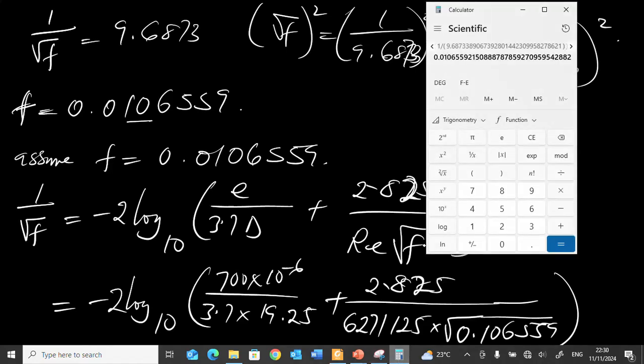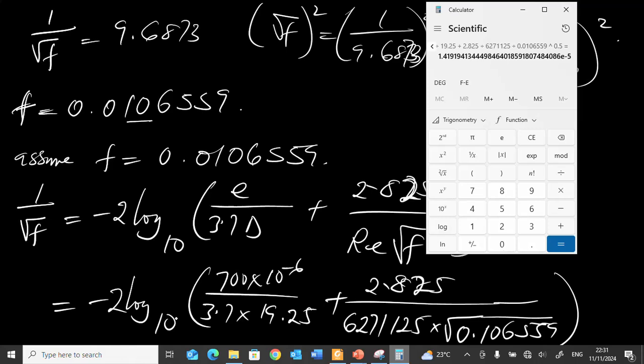We now have 700 exponential minus 6 divided by 3.7 divided by 19.25 plus 2.825 divided by 6271125 divided by 0.01065559 raised to power 0.5, equal to this.